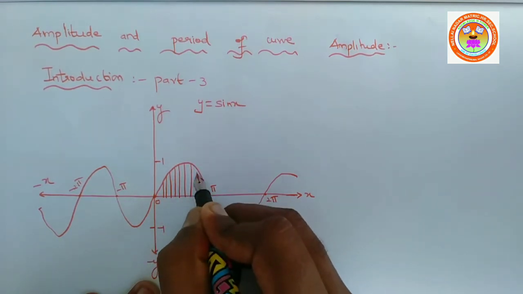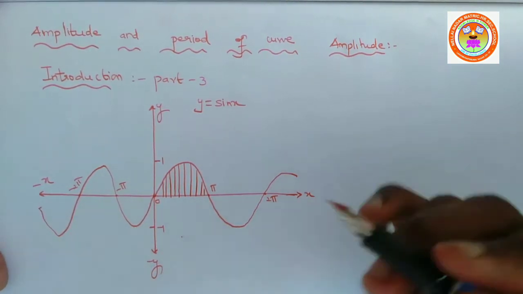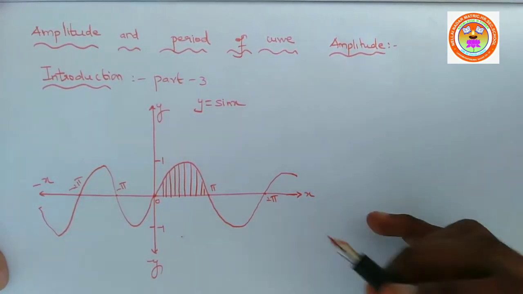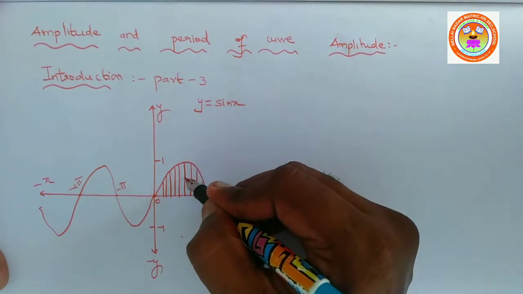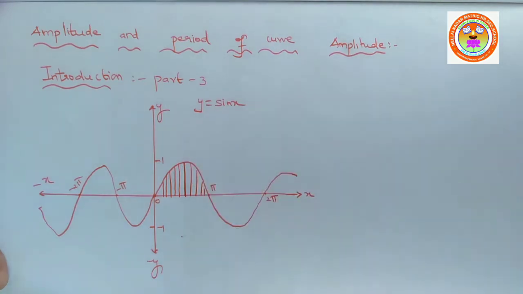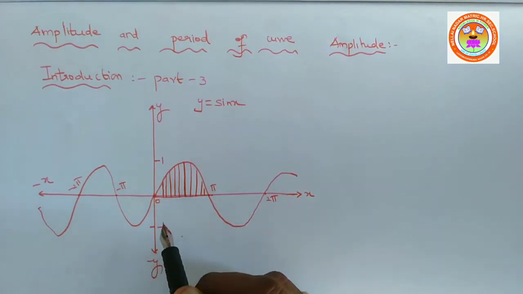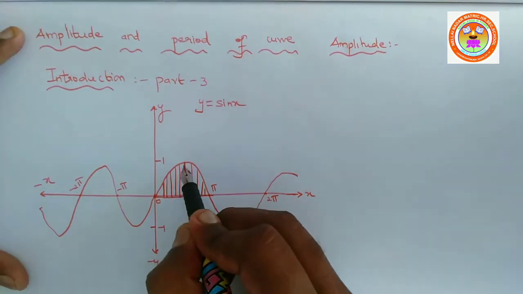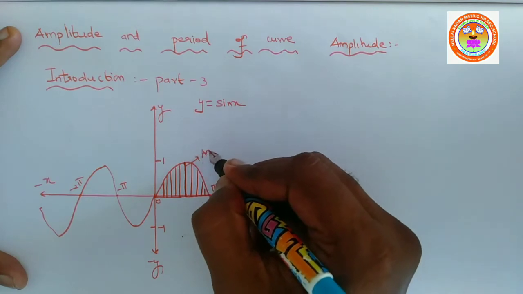Among these perpendicular lines, which one has the highest height? This will be the highest height, the highest distance. From the x-axis, if we draw perpendicular lines inside the curve, the line with the highest distance we call the amplitude.